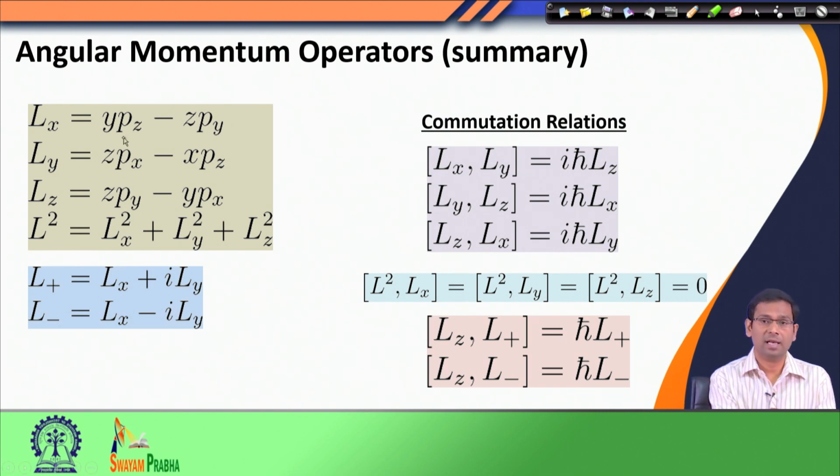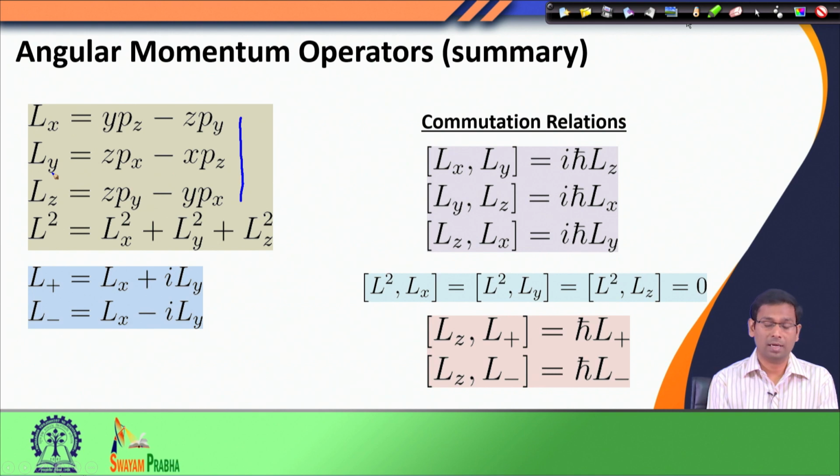We defined the Lx, Ly, Lz operators in these functional forms, where Px, Py, Pz are the momentum operators along the x, y and z axes, and x, y and z are the position operators along the x axis, y axis or z axis.